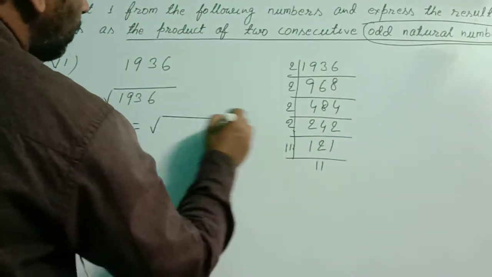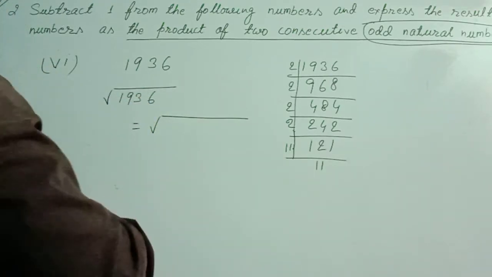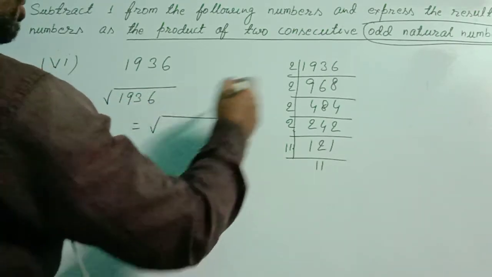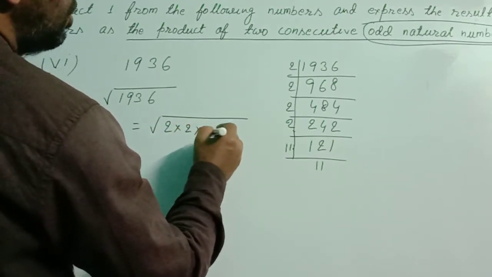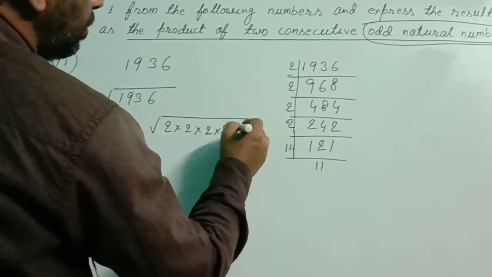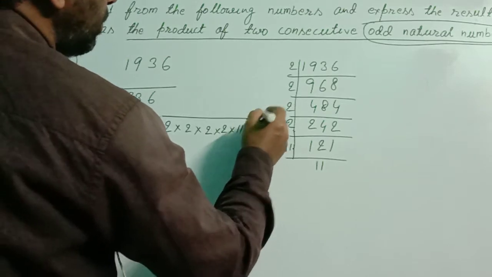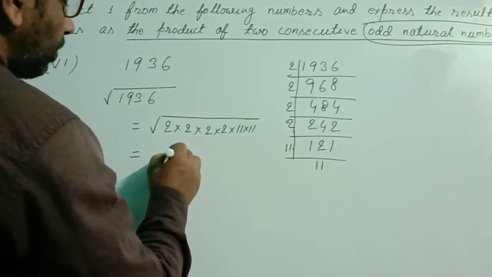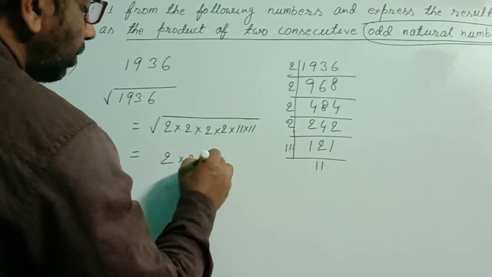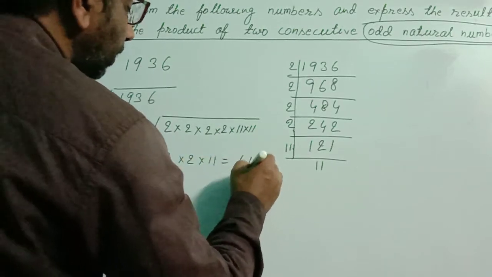That is equal to the square root of 1936 equal to 2 into 2 into 2 into 2 into 11 into 11, means the multiplication of all these prime numbers. That is equal to 2 into 2 into 11 equal to 44.